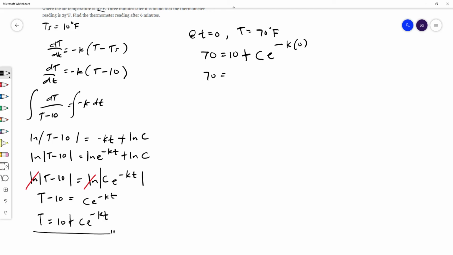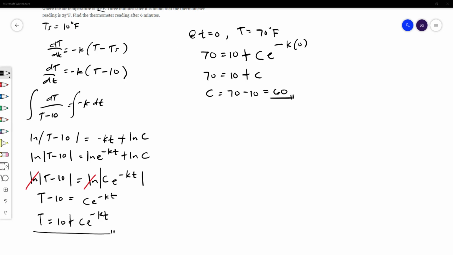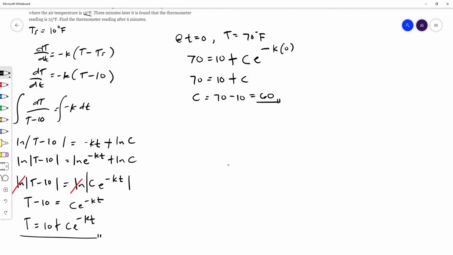And we know that e raised to 0 is 1. So we have c. Hence our constant here is 70 minus 10, or 60. Hence our new equation will be T is equal to 10 plus 60 e raised to negative kt.